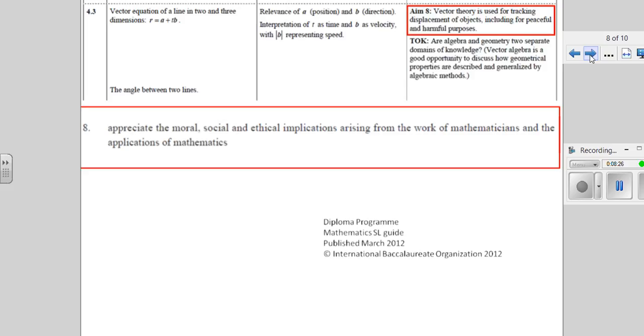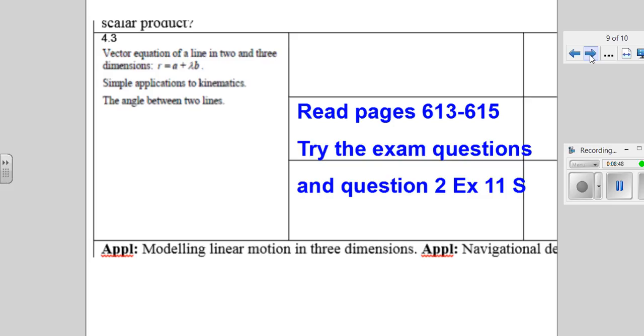We all remember that Einstein was horrified when he realized the power of his discoveries with splitting the atom. And maths can be applied in peaceful, beneficial ways. Then you'll be ready for your final homework, which I will send to you.